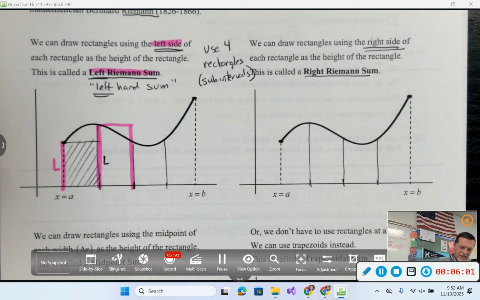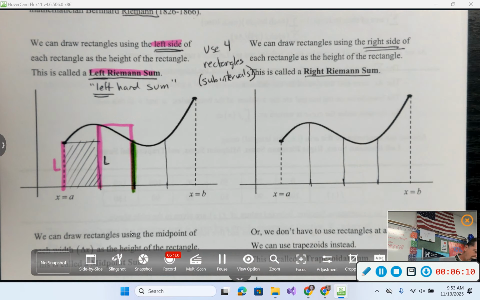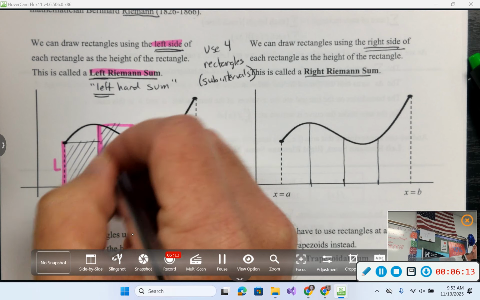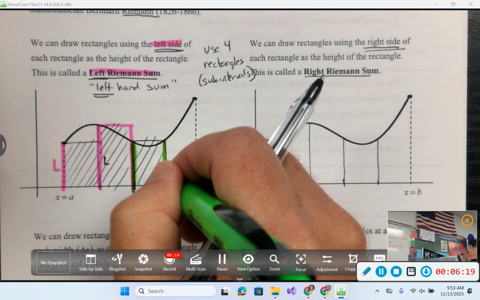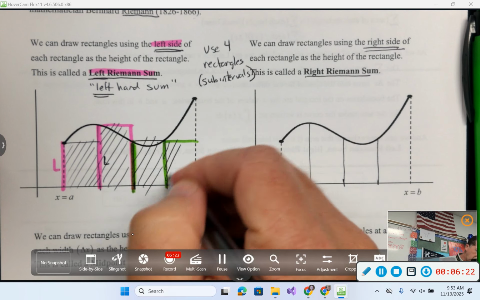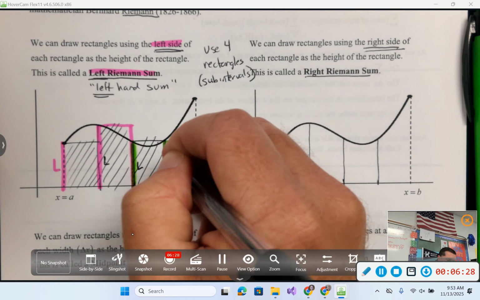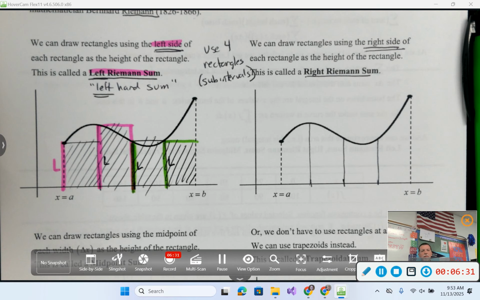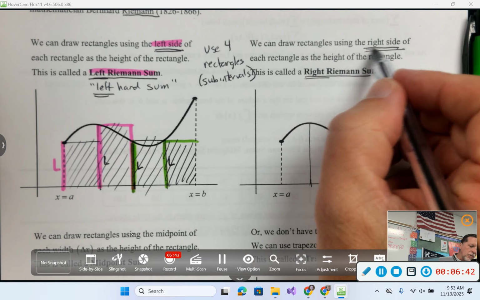Left-hand height. Oh, now I messed that up because I used the wrong one. Left-hand height. Oh, we should fill these in, I guess. And left-hand height. So 4 rectangles. And we would use the left-hand height each time. As opposed to the second picture, we want to use the right-hand height, the right side.